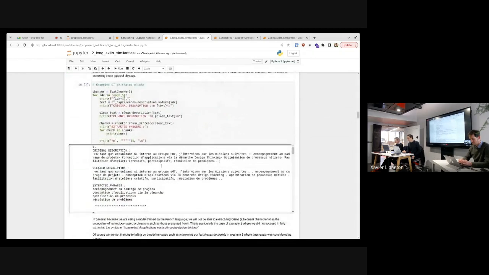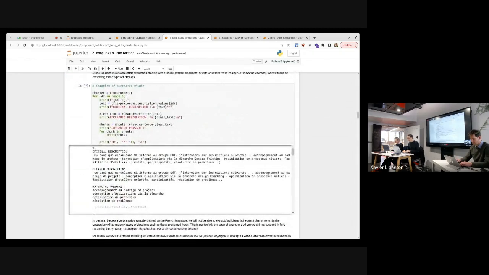And so at the end you have the original text. You have examples of the text after cleaning. You can see there's no stemming done because if we did stemming, for example, the POS tagging would not work anymore.